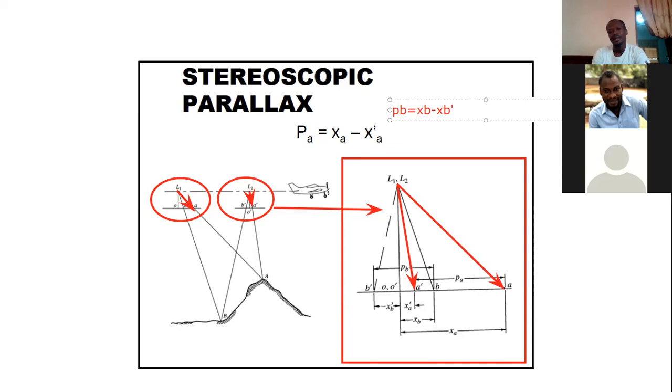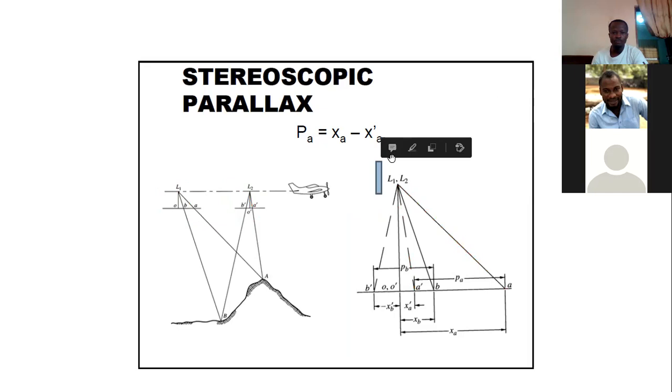Okay, and that will be the parallax for point B. So we know parallax for point A, and we know the parallax for point B, and for point C, and for D, E, F, G, H, I, J, K, all sorts of possible points, the thousands of points that are possible on a photograph. We can find their parallax by simply identifying their conjugate point. In other words, finding points that are similar to them. Okay, so we find the image of the same objects on the photographs. We'll be working on the parallax, simple as that.